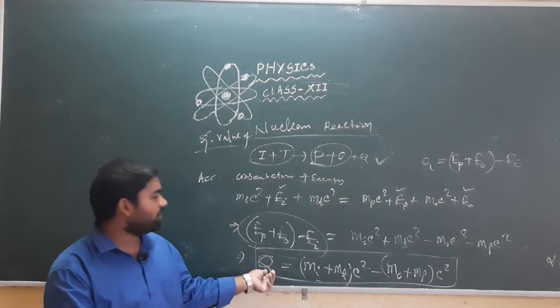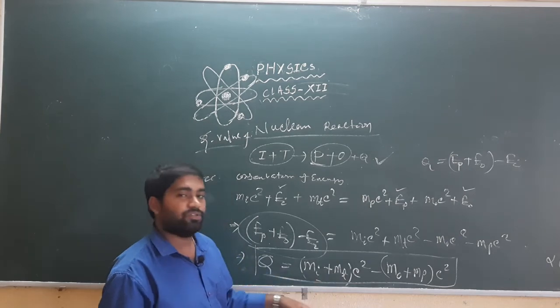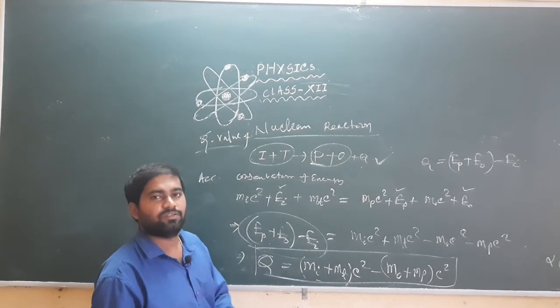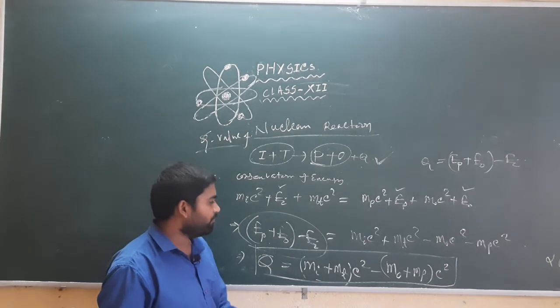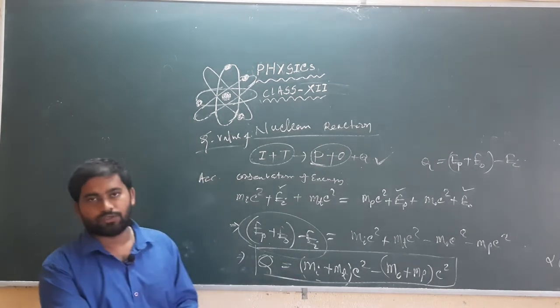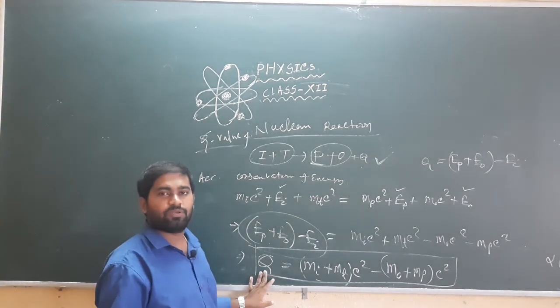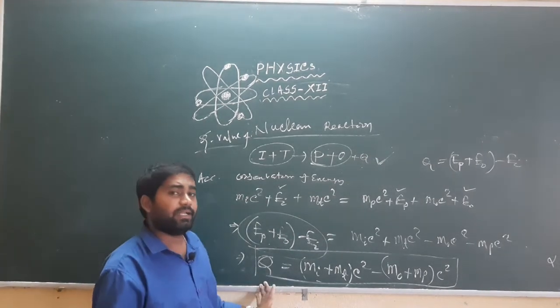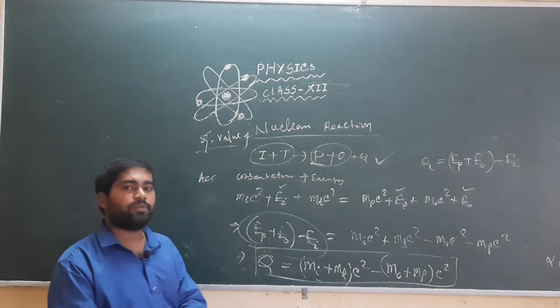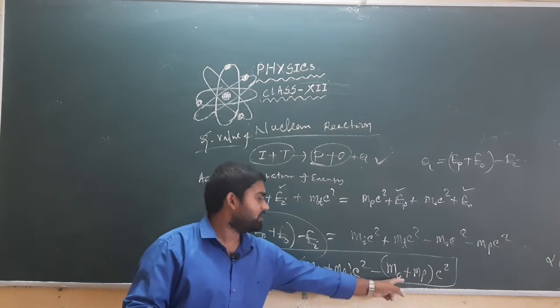So the Q value of the nuclear reaction depends upon the mass on the reactant side and the mass on the product side. If there is a variation of mass between reactant and product, then the reaction may be exothermic or endothermic, depending upon the difference in mass.